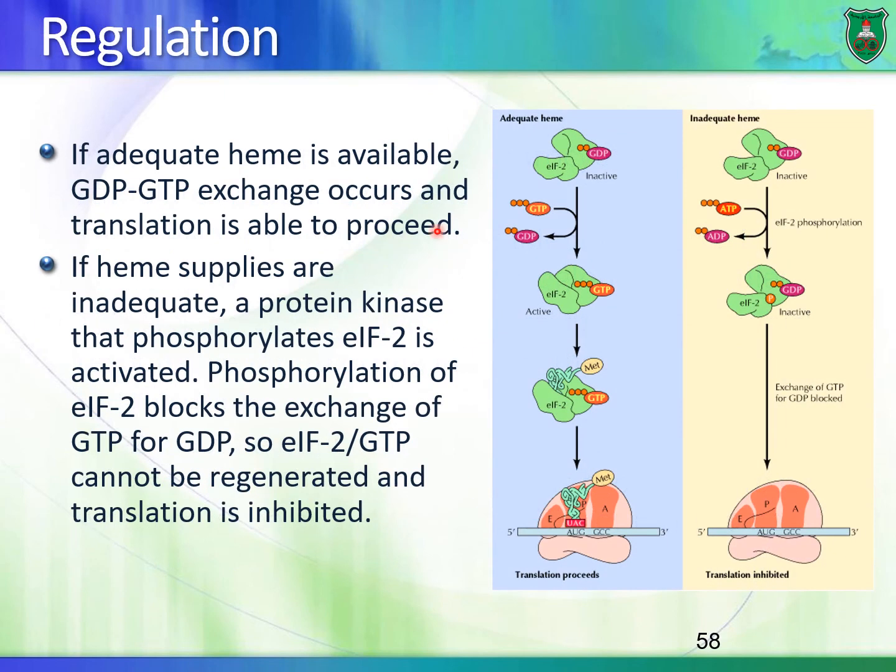If there's adequate heme, GDP is exchanged for GTP, and you can have translation going on. But if there's no adequate heme, initiation factor 2 is phosphorylated, so GDP is stuck, and you don't have translation anymore, so there's no synthesis of any protein, mainly globin, since there isn't enough heme.